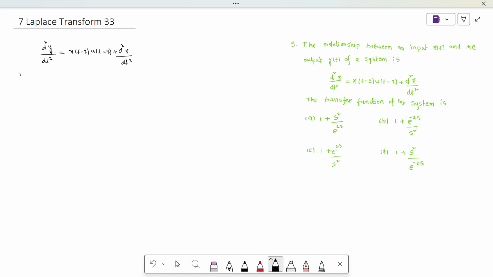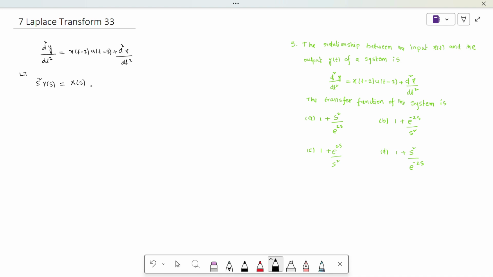So apply Laplace transform on both sides. So this is s square Y of s, and this is X of s.